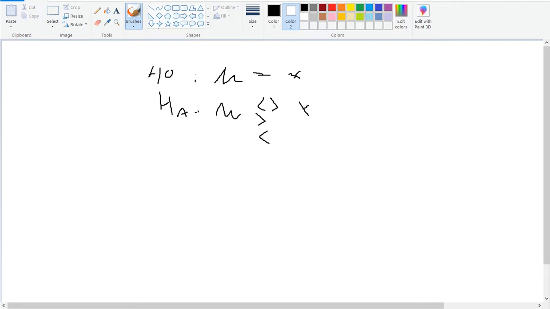In regression and correlation, H0 is that beta equals 0, and as for the alternative, it's that beta does not equal 0.